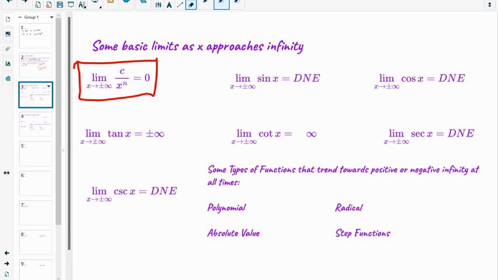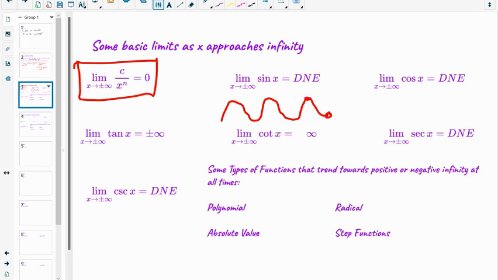Now, it could also technically not exist if it is approaching positive or negative infinity, because again, infinity is not a number. But sine's different because the oscillating nature of sine means it bounces between 1 and negative 1.